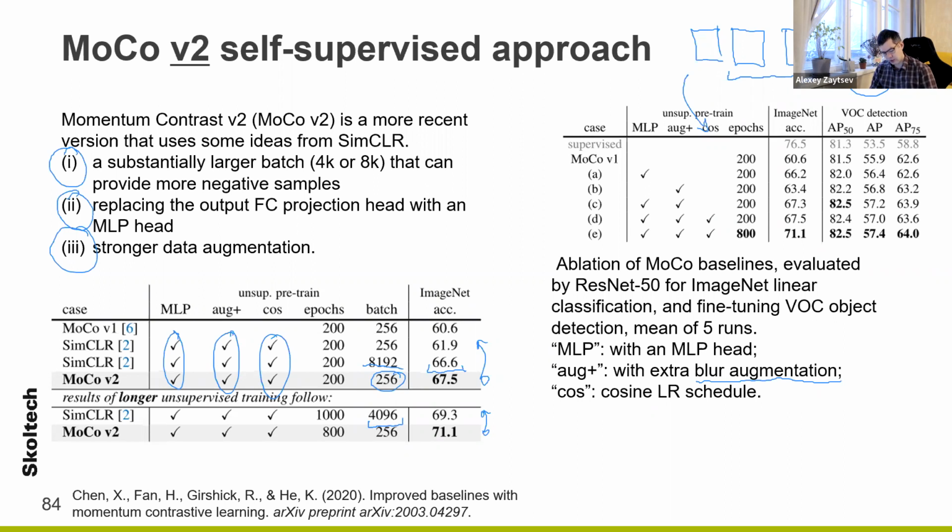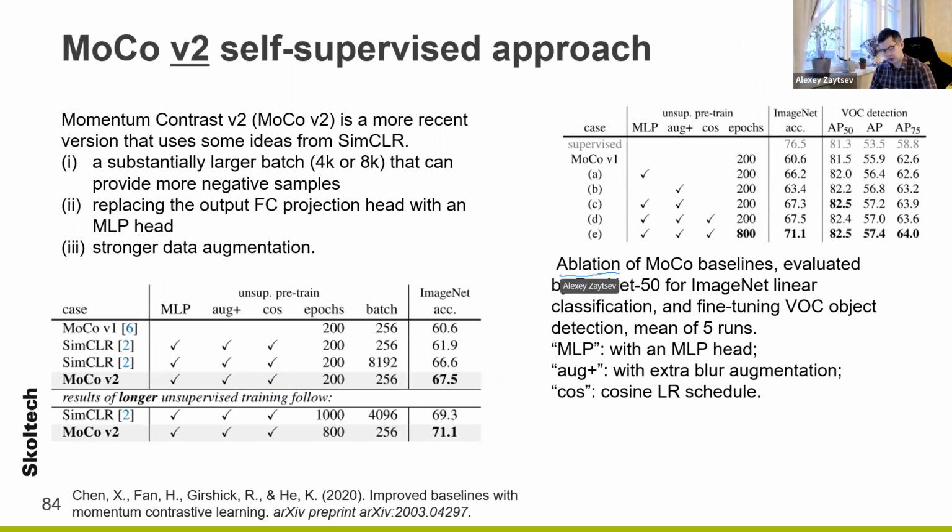Also, we can try not to compare SimCLR and MOCO with all augmentations and all improvements on, but also try to have some ablation study and see what happens when we add improvements to the model step by step. The first improvement, we add this modified projection head. We have a significant improvement of quality for our ImageNet accuracy.